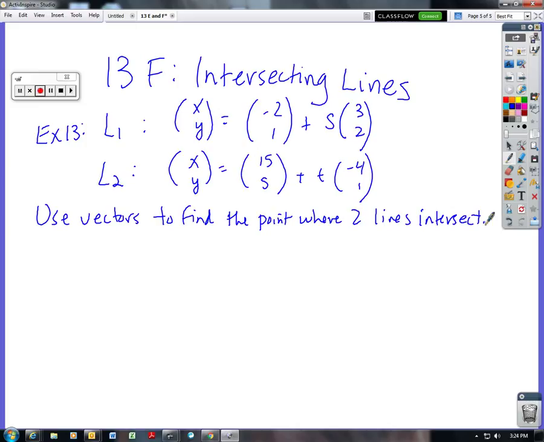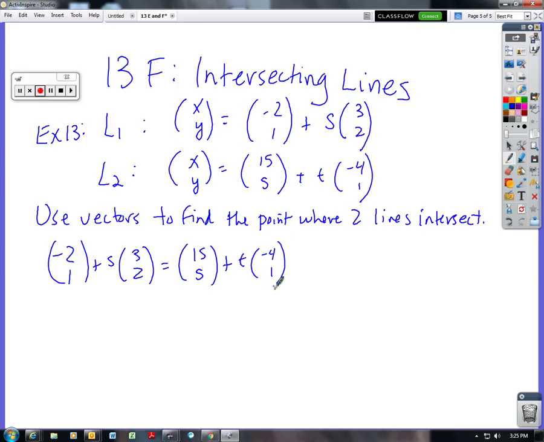Well, the two lines meet where they are equal to each other, right? So this is basically going to be an algebra problem. Let's make the two lines equal to each other. I guess I'll just write it out the long way. So this line is equal to this line. And then you can just break it down.